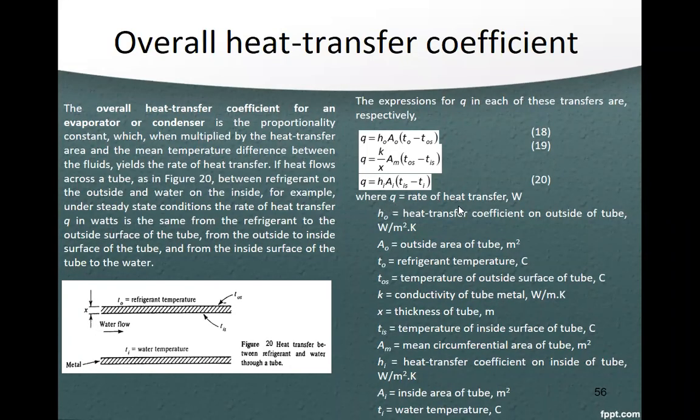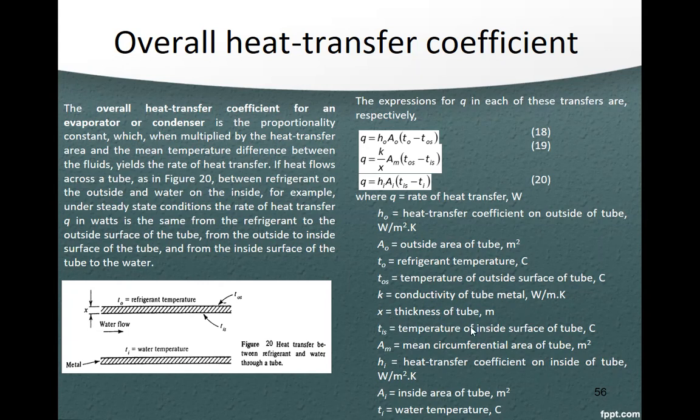Where Q is the rate of heat transfer in watts, H sub O is the heat transfer coefficient on outside of tube, watts per meter square Kelvin. A sub O is equal to outside area of tube, meter square. T sub O, refrigerant temperature, degrees C, tandaan nyo, SI ito. Pag English units, dapat alam nyo na. Diba? T sub OS is equal to temperature of outside surface of the tube, degrees C. K is thermal conductivity of tube metal, watts per meter Kelvin.